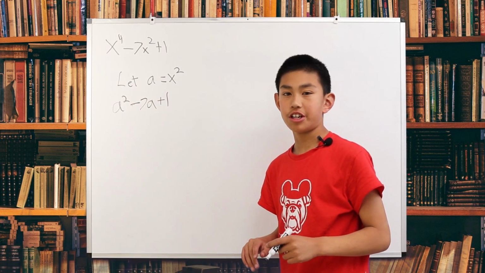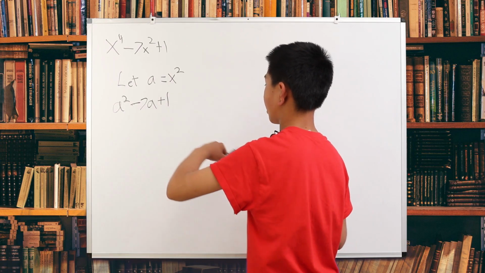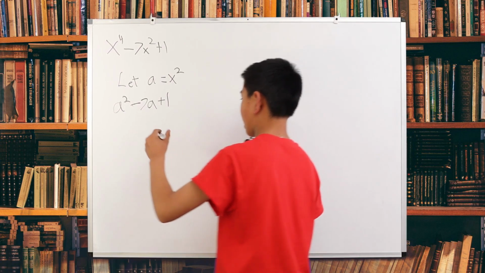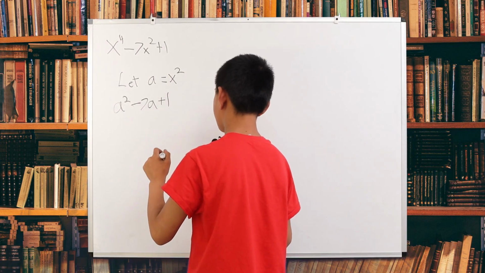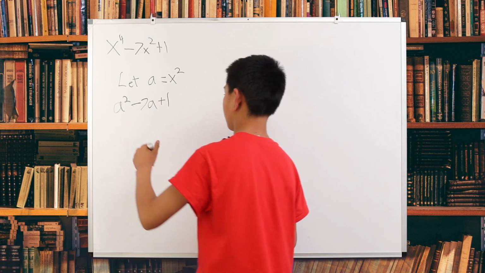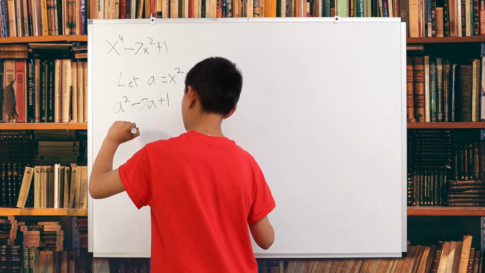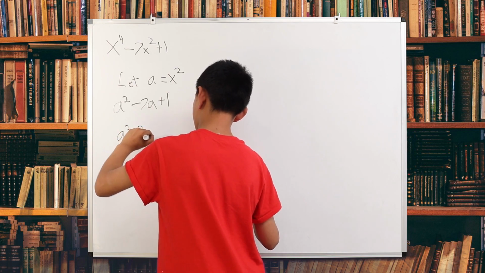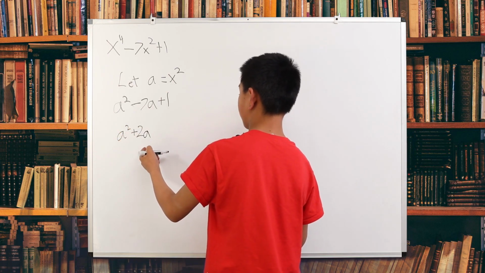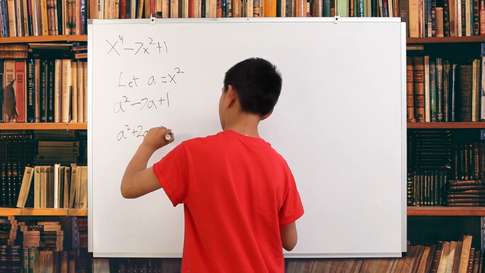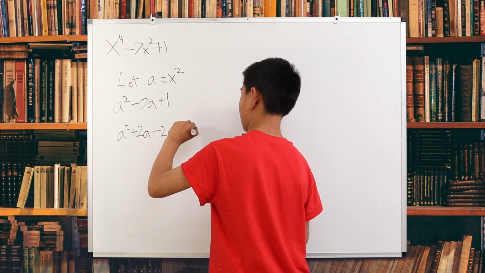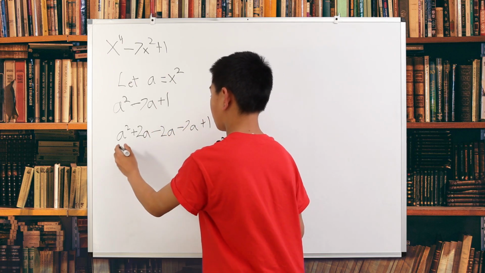Now, our strategy here is to make this a square. And we can do that by adding 2a, because we think of the equation a plus b squared. Here, a squared plus 2a. Since we added 2a here, we have to subtract 2a. Minus 7a plus 1.